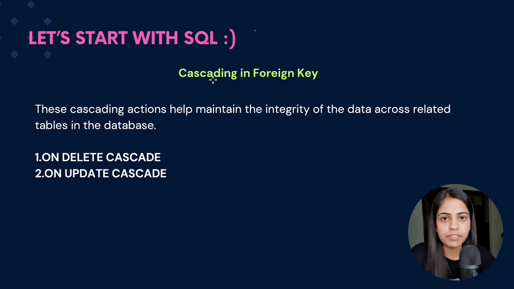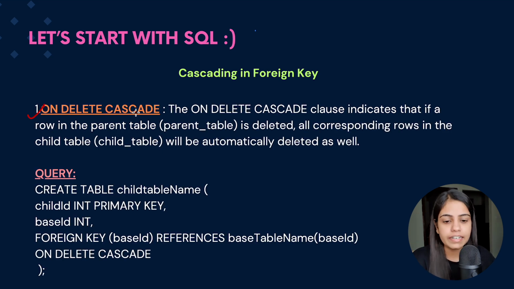Now how can we achieve the cascading in foreign key? These cascading actions help to maintain the integrity of data across related tables in the database. There are two ways in which we can achieve this cascading. First one is on delete cascade and second one is on update cascade. So what does on delete cascade do?